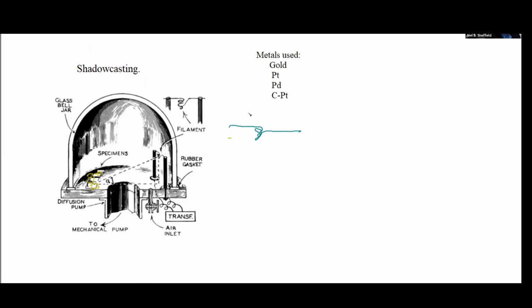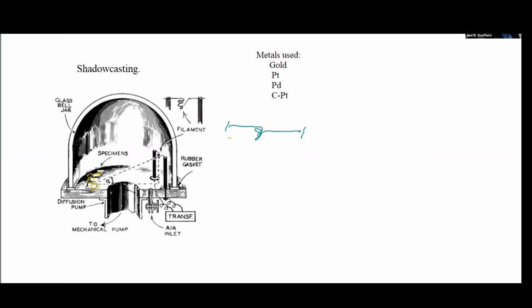And what you do is you put into this basket one of these metals, little bits of gold filings, platinum, palladium. We'll talk about carbon and platinum in a minute. And you can put them into this basket and then run pretty high current across this thing. This entire thing becomes extremely hot and vaporizes the metal that you've put in there. In most cases, that metal is evaporated and ends up coating the sample.